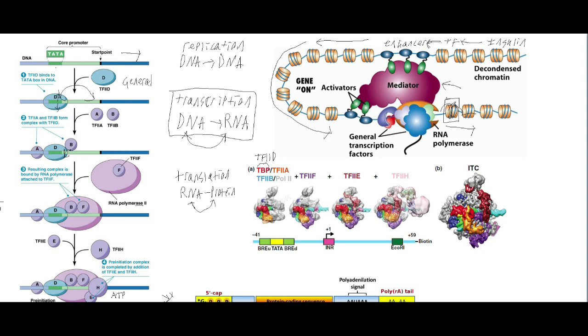And in fact, transcription can be regulated via modifications to these nucleosomes. So if you've heard of things like epigenetics, it's on these nucleosomes where epigenetic control of gene expression happens.